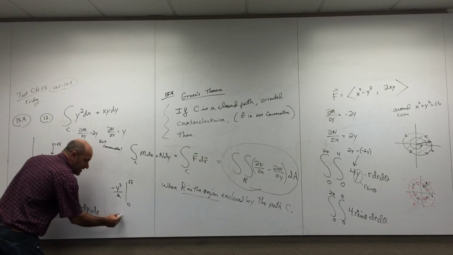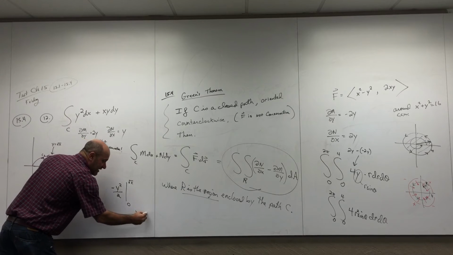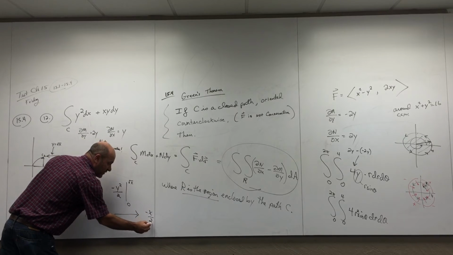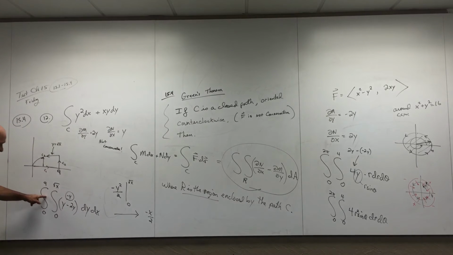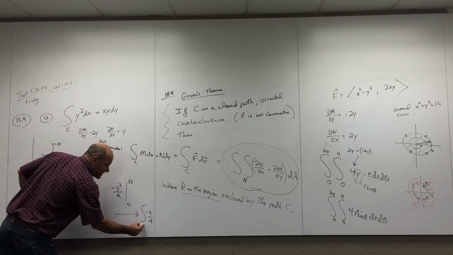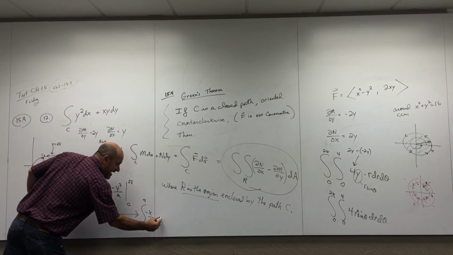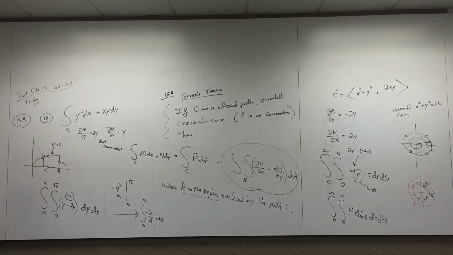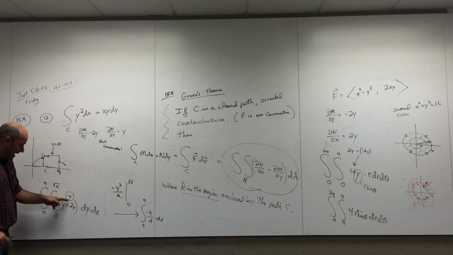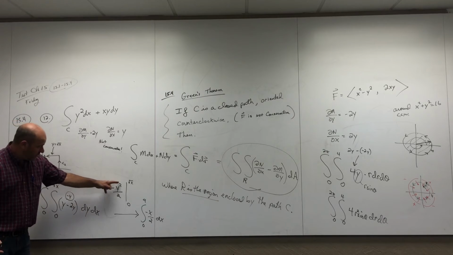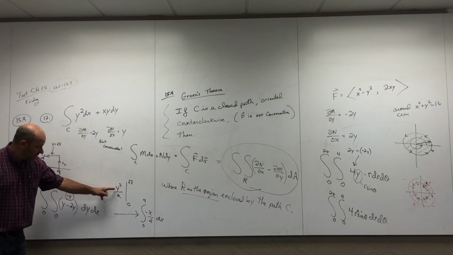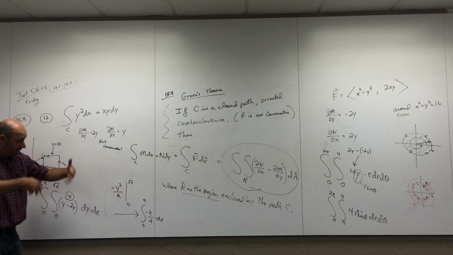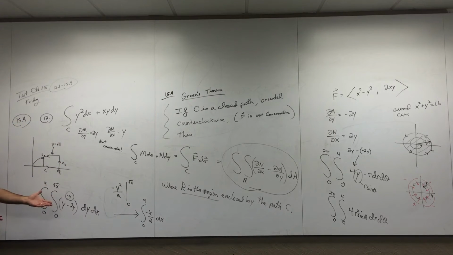So this Green's theorem just turned into negative x over 2, and now I'm integrating it from 0 to 9 with respect to x. Is that what just happened? Hang on. This is a negative y. I integrated negative y squared over 2. I plugged in my bounds. That's what I've got. Now I integrate again with respect to x.